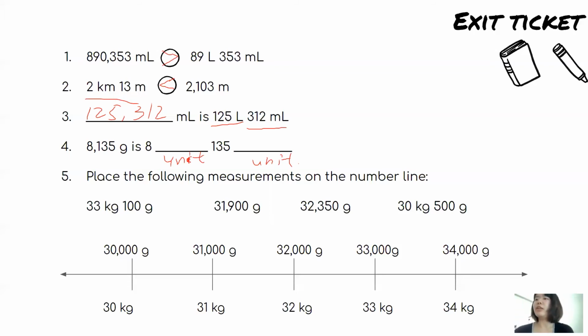So we already know 1 kilogram is equal to 1,000 grams. And for 8, we can put kilogram right here because we have 8,000 right here and grams right here. So 8,135 grams is 8 kilograms 135 grams.